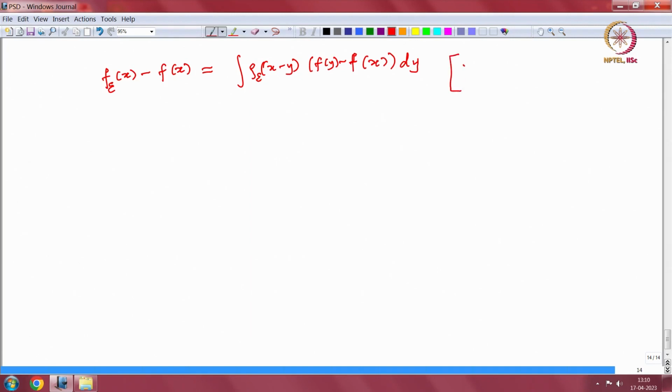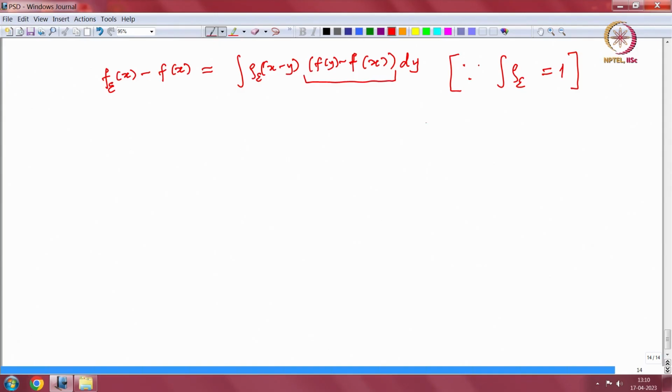We are repeatedly using that, so we can bring this f(x) term inside the integral. Again, let me not bother about writing the domain of the integral. Looking at this, if f is a continuous function of compact support, we can control this by uniform continuity of f.